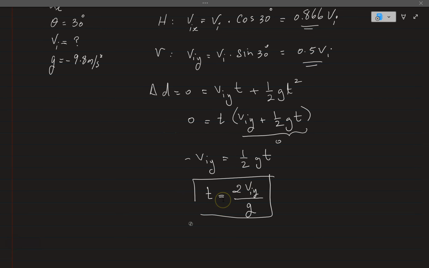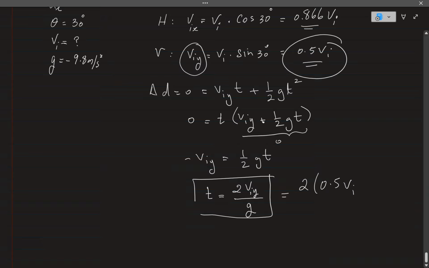And then we can go ahead and substitute what VIY is, which is 0.5 VI. So T is equal to 2 times 0.5 VI divided by G, or VI divided by G. That's your time.